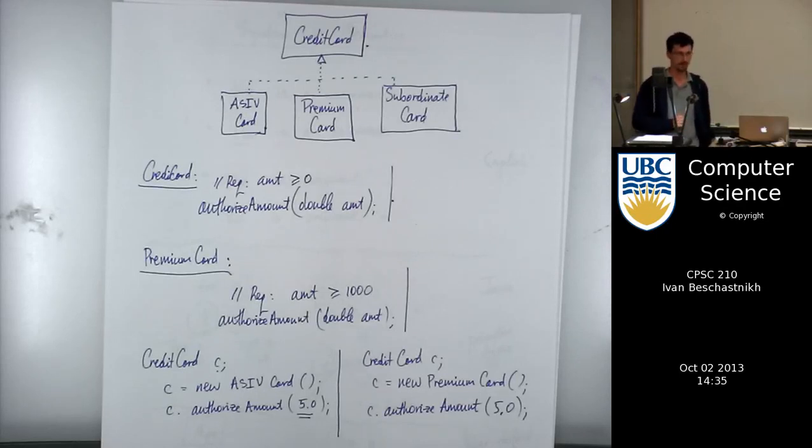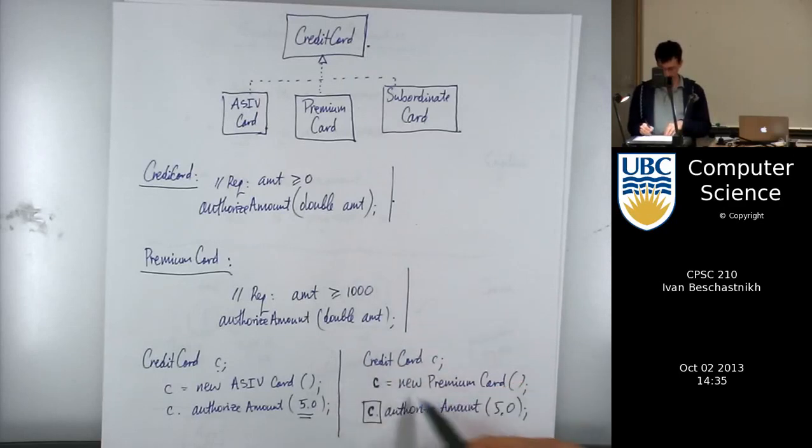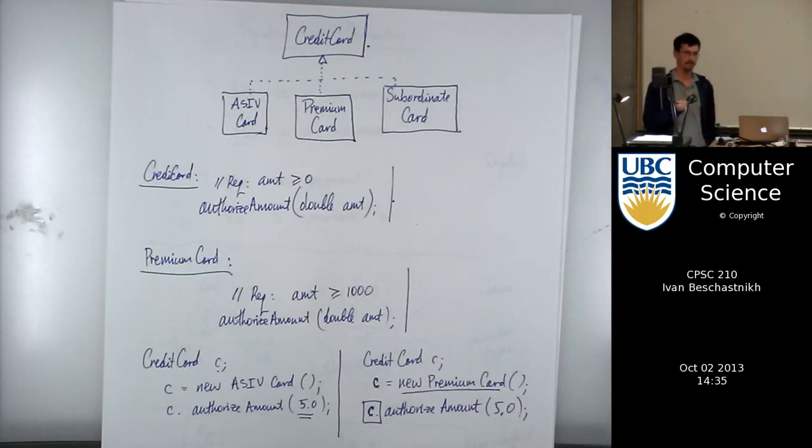And it seems like a problem, right? Because C, this type that I'm using here, has a specification. And then what I've done is I set it to this actual type premium card. And in a sense, this is where substitution comes in, right?